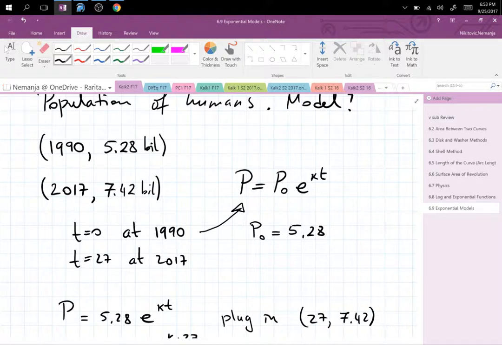Now you might be interested in at what year we might reach that critical number of, let's say, 15.2, but it could be 12.7 billion, again depending on a study for carrying capacity of the planet.